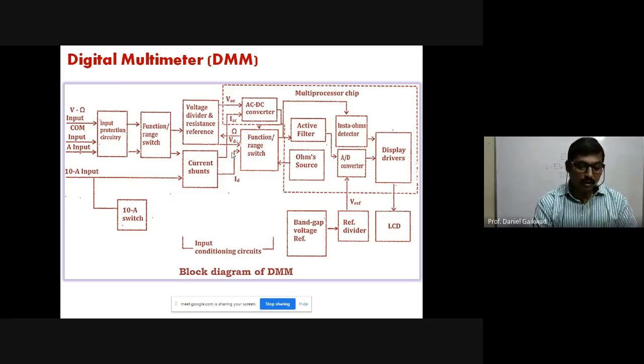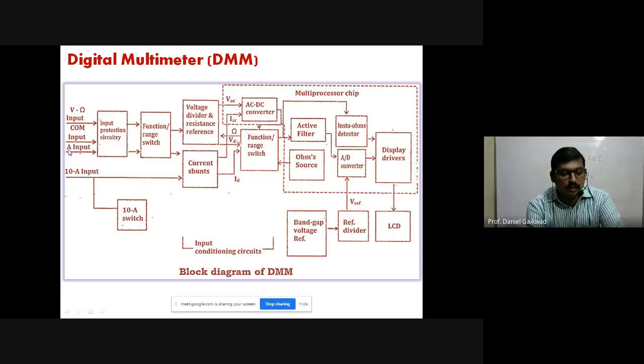Now check carefully. We begin with the input. Input V, voltage or ohm, that is common, and input A, current input.